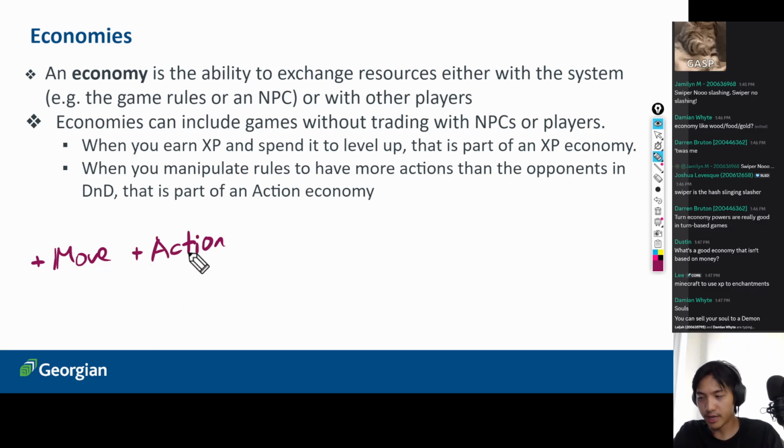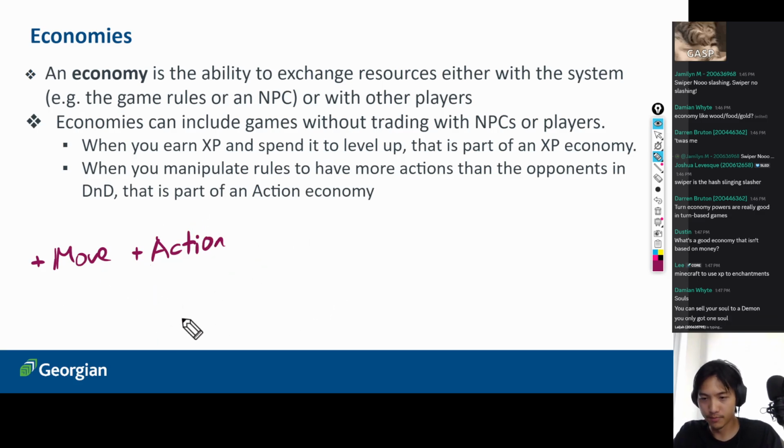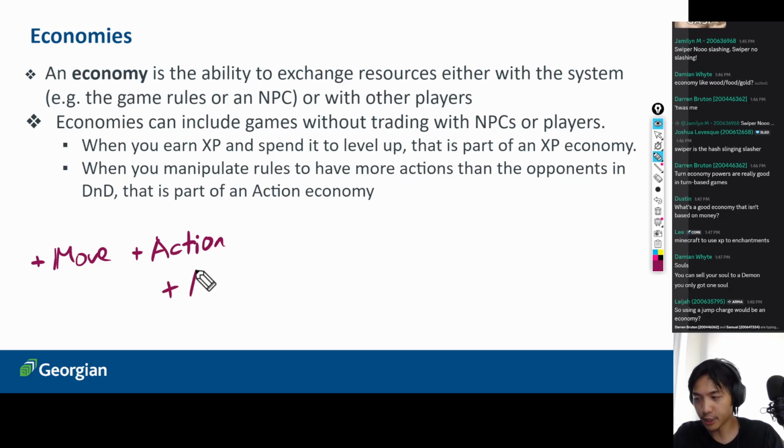You can trade an action to move more. You can double move, right? You can move further. You can dash, but then you can't do any other action. Okay, and there's certain things you can do with the game rules and certain abilities that will give you more actions, so you can do multiple things at once.